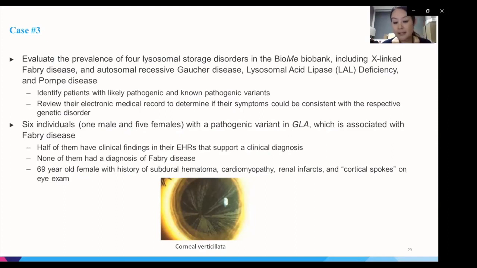Based on this patient's exam and also her history of heart and renal disease and CVA, which you can see in Fabry patients, we determined that her history was very suggestive of Fabry disease. You can imagine that having a diagnosis for this patient could potentially aid in directing her treatment, as well as diagnosing some of her other family members.